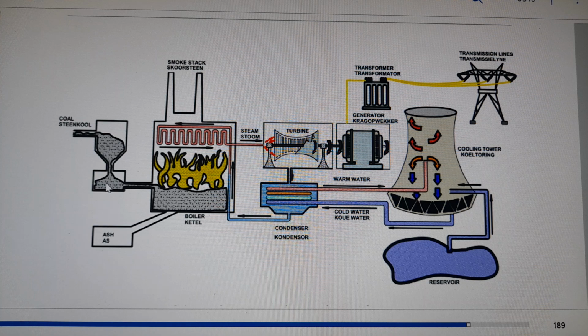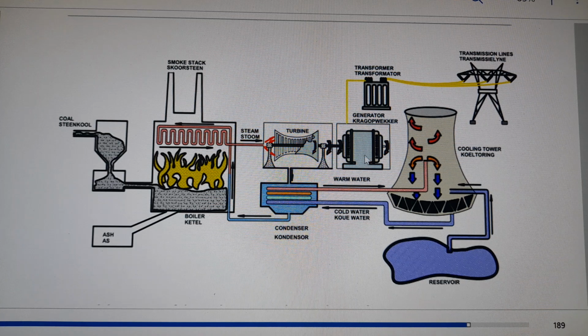They crush the coal into fine powder. This coal enters the boiler and it is mixed with fuel, and we ignite it to start the fire. This fire hits the boiler tubes in the boiler, and the water is converted into steam. That steam is taken out to the turbine. It turns the turbine. The turbine is connected to the generator.